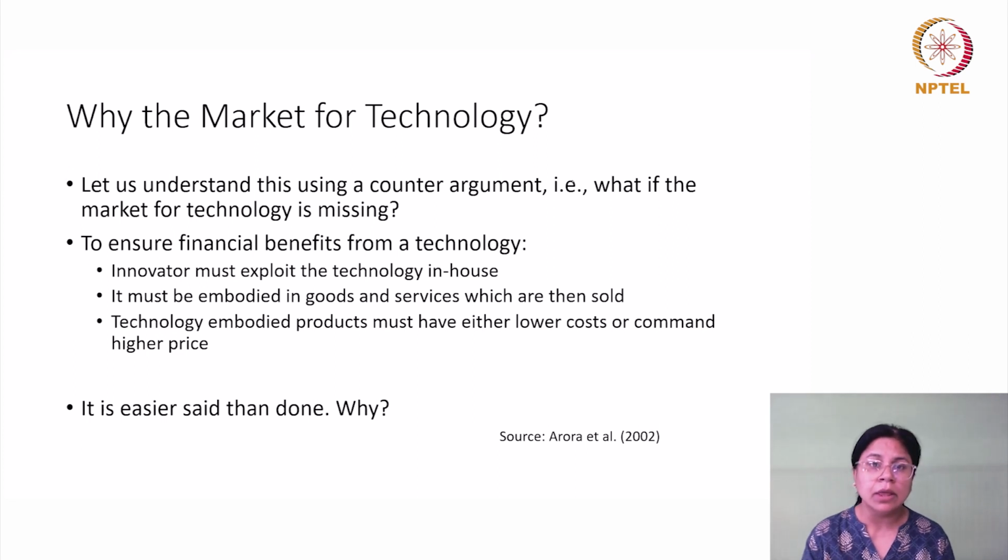So that means the exploitation of any technology, in view of the lack of the market for technology, will be limited to the individual inventors and innovators. As we have said earlier, this may require a very different type of skill set. So it is easier said than done. Why?